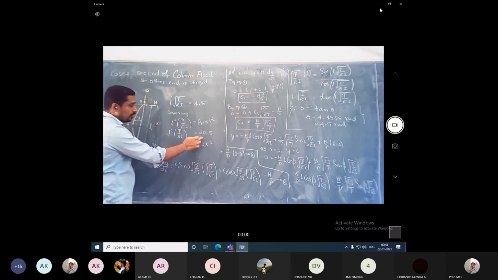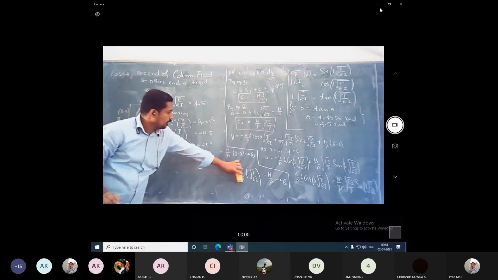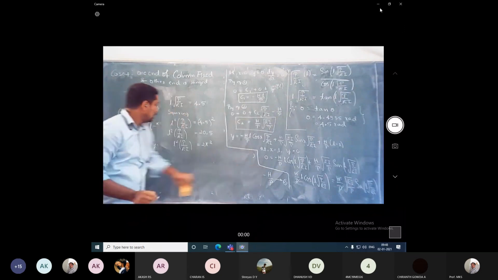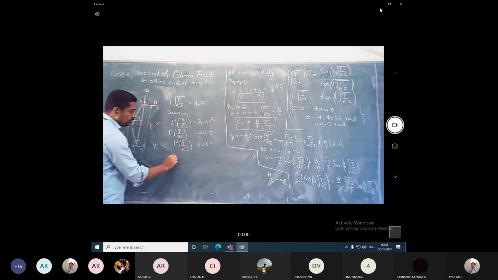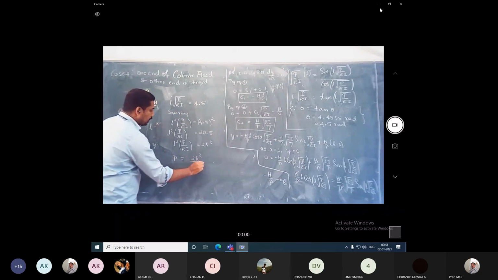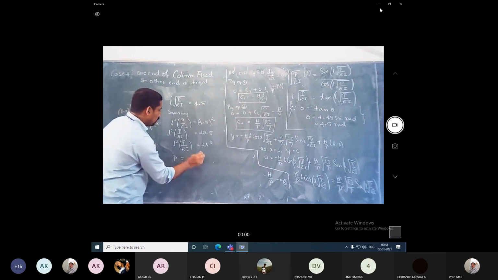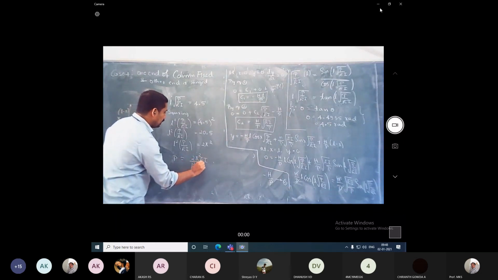So let us take that. Therefore, it will be equal to L square by EI. Cross multiply, you will get an equation for p. p will be equal to 2 pi square into EI divided by L square.